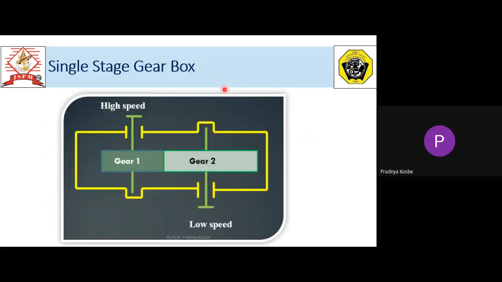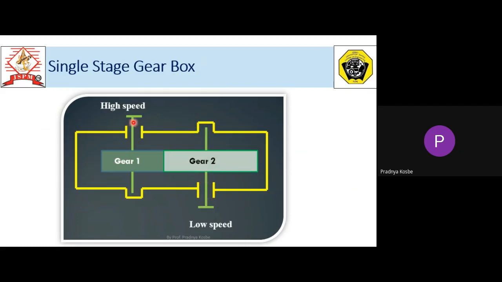In a single stage gearbox, speed gets reduced in one stage from high speed to low speed. Here a schematic arrangement is shown. You can see this is shaft 1 and this is shaft 2. Gear 1 is mounted on the high speed shaft, and gear 2 is mounted on the second shaft.